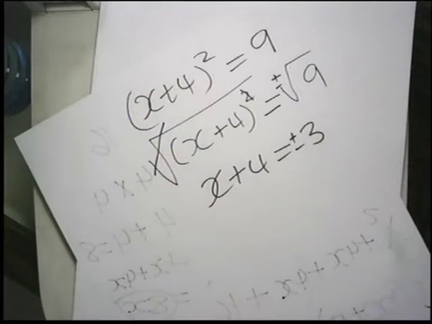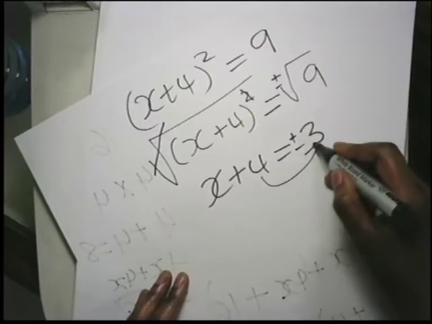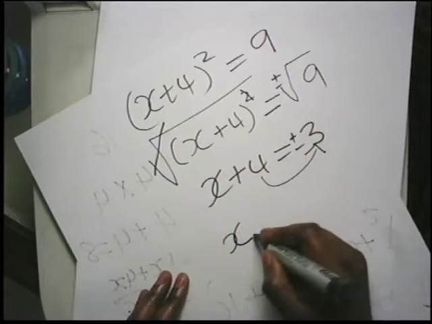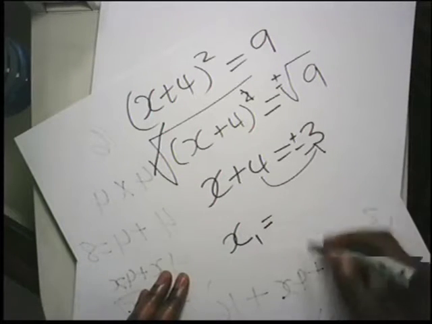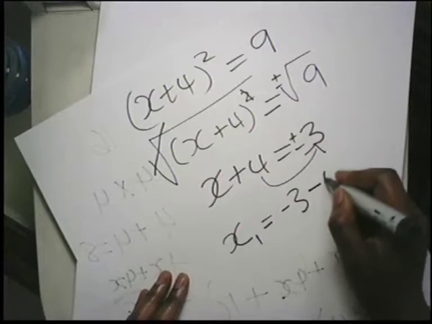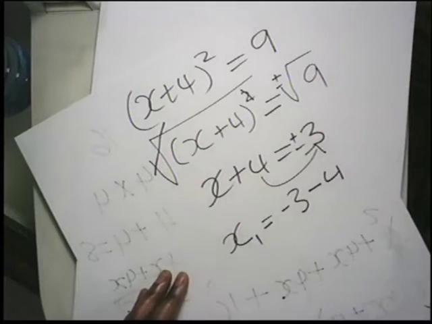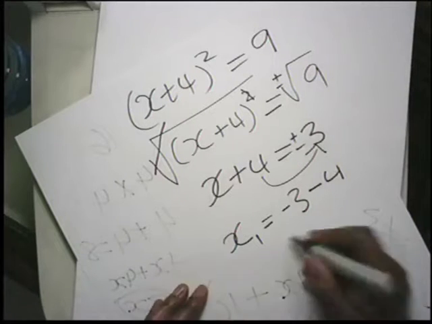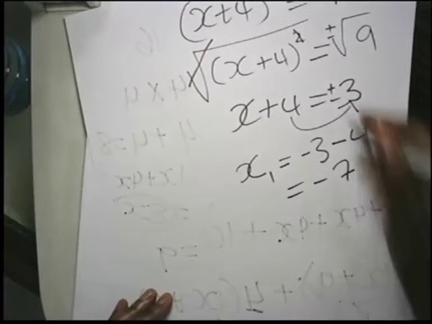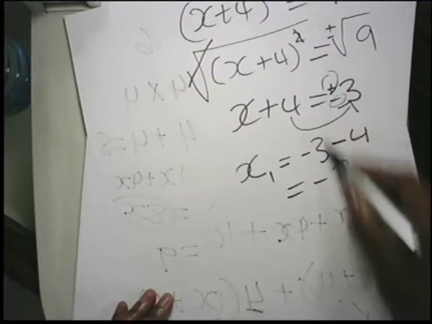Okay? Now we want to solve for x, we have to take 4 to the other side. Now the first x will be equals to minus 3 minus 4. When 4 goes on the other side, it becomes negative, and this will give us minus 7. Now when we use the positive, first we used the negative side.